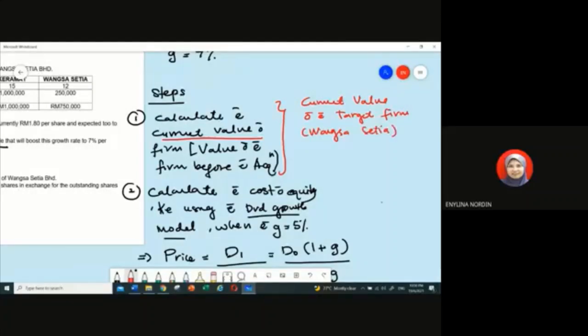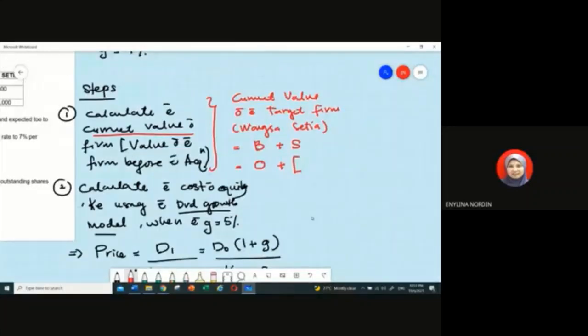The value of the firm equals the value of debt plus the value of equity. We have no information about debt, so we assume these two companies have no debts outstanding, which means the debt value is 0, plus the value of equity. How do we calculate the value of equity?